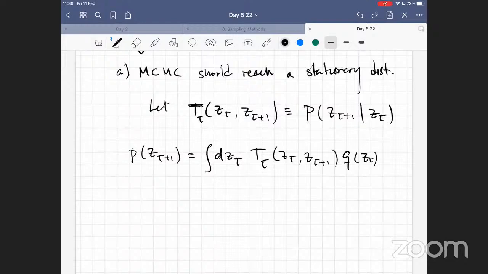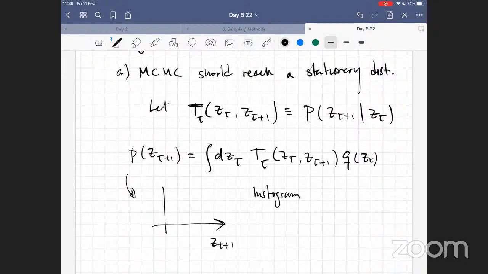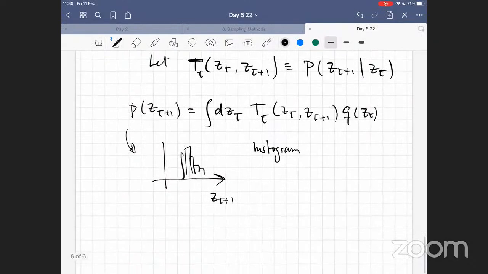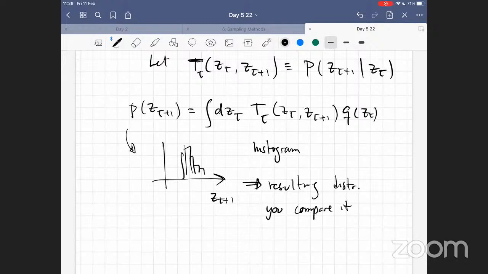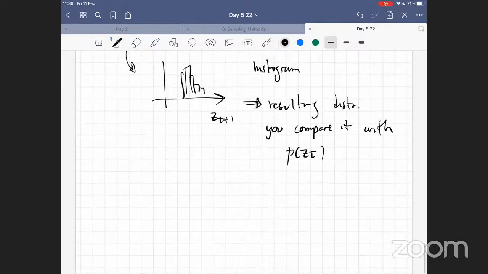So once you do this, imagine that you can do a histogram of z tau plus 1. And then with this histogram, you get a resulting distribution, right? So this resulting distribution, you compare it with the distribution you got from the previous sample.